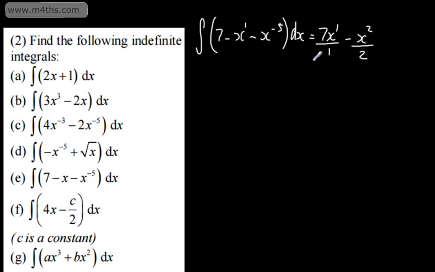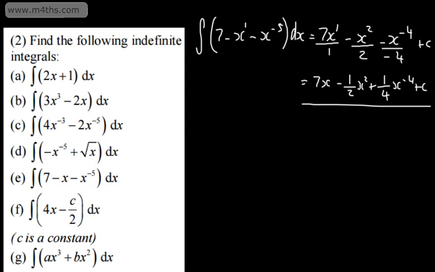Remember, that's just a little 1. Then we're subtracting x to the -4 divided by -4 plus a constant of integration. So this is going to give me 7x minus 1/2 x squared plus 1/4 x to the -4 plus a constant of integration.